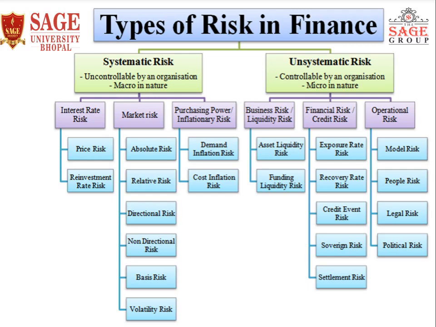Business risk generally arises from the sale or purchase of securities, which is affected by business cycles, technological changes, etc. And in business risk, we generally have two kinds: liquidity risk and funding liquidity risk. Now, let's talk about the next risk, that is financial risk or credit risk.